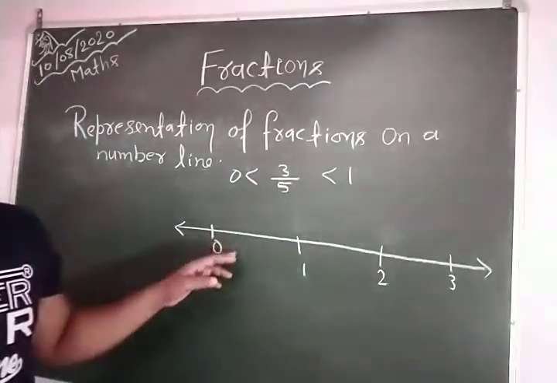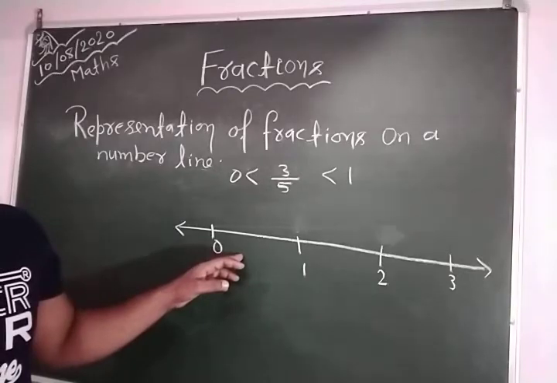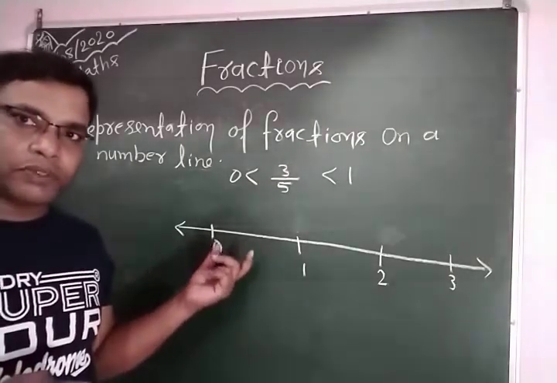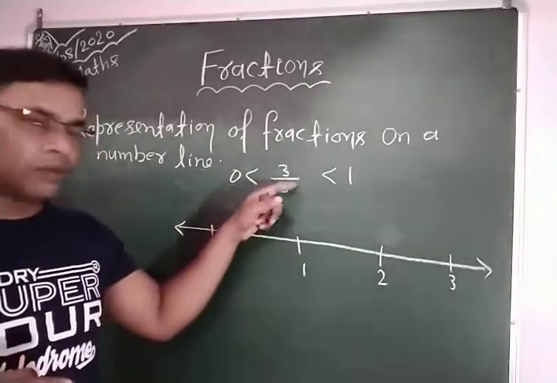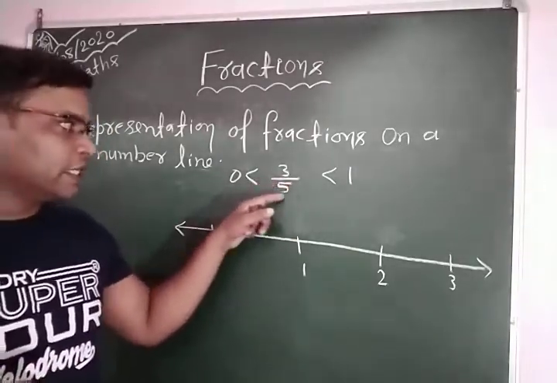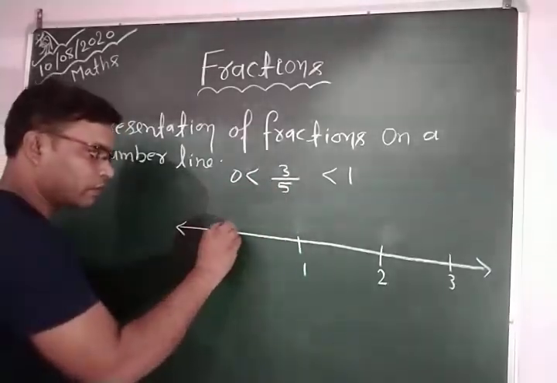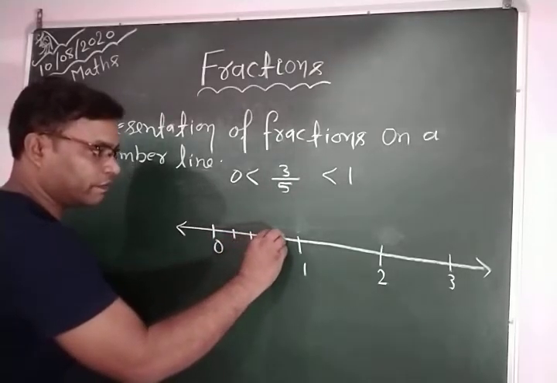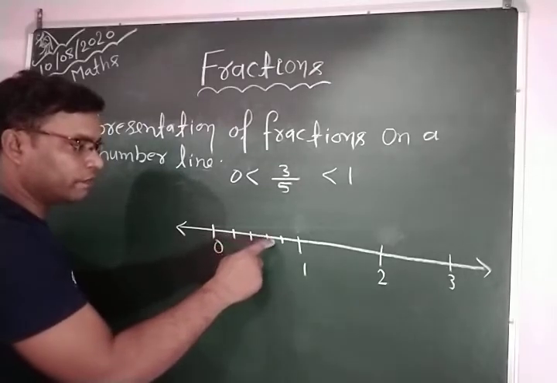How many parts do we divide the line segment between 0 and 1 into? 5 equal parts, because the denominator is 5. So let's see, 1, 2, 3, 4, 5.